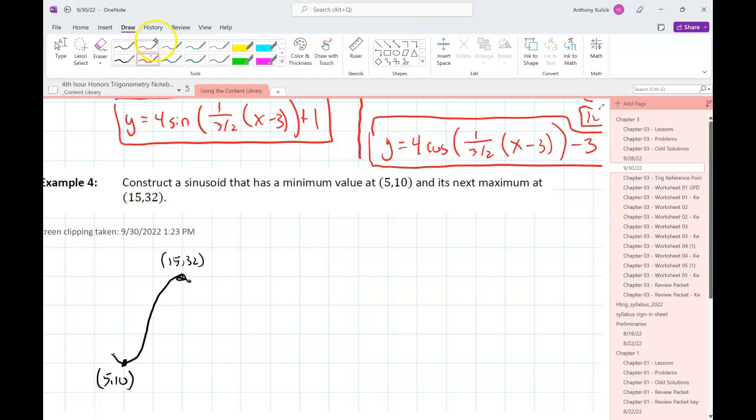All right, where's the midline going to be? It's going to be like here, right? Halfway in between the two? Well, what's halfway in between 32 and 10?